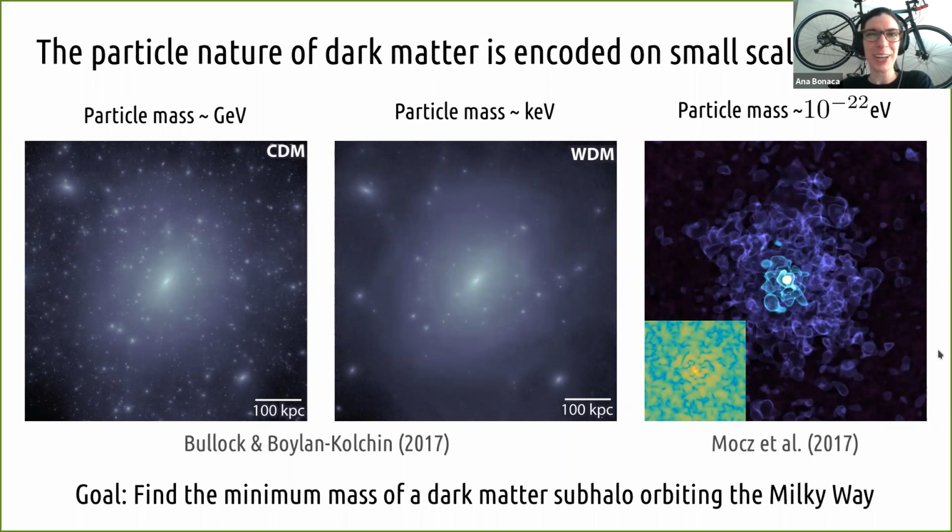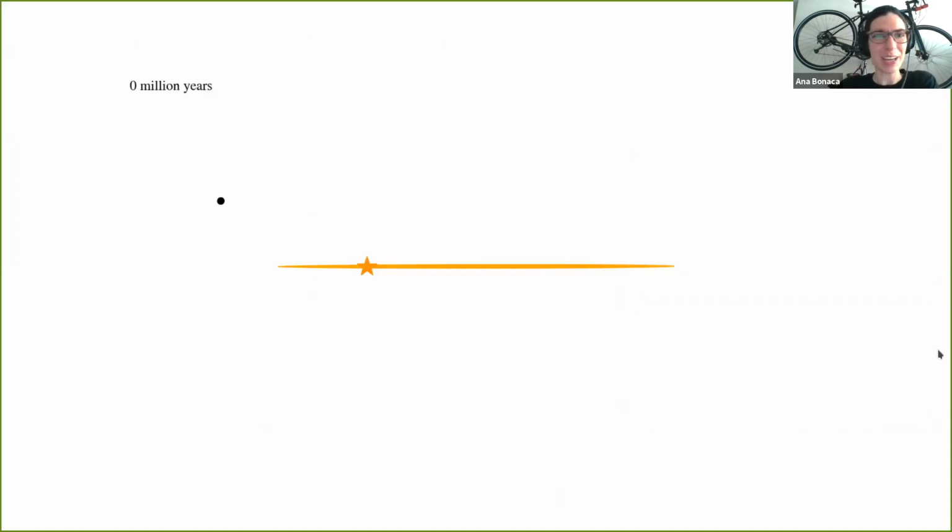We are going to do the first thing that physicists do and approximate all of that complex physics with just a point over here. So in our case, what is really important is that this globular cluster is orbiting the Milky Way galaxy and losing its stars. So I'll start simulating this process of a globular cluster orbiting the Milky Way.